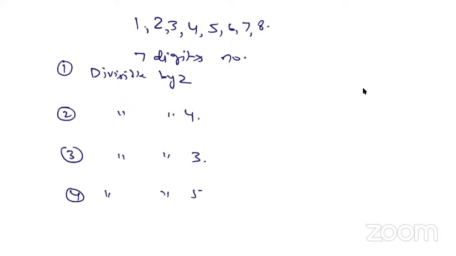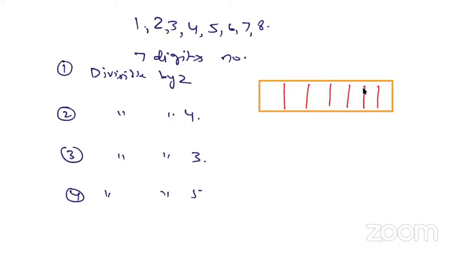Divisible by 4, 7-digit number, right? So what we have to do, we have to make a 7-digit arrangement. So 1, 2, 3, 4, 5, 6. That will be 7 digits, right? Divisible by 2, so we have even numbers 2, 4, 6, 8, we have 4 options for this, right?